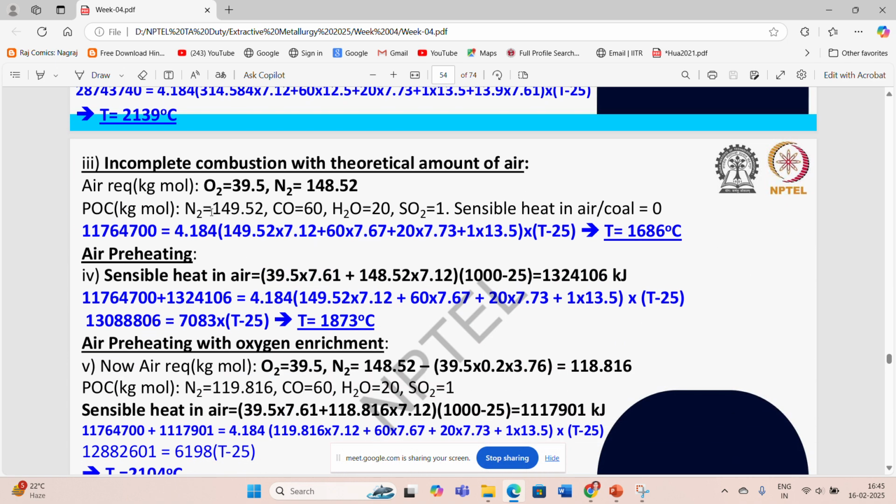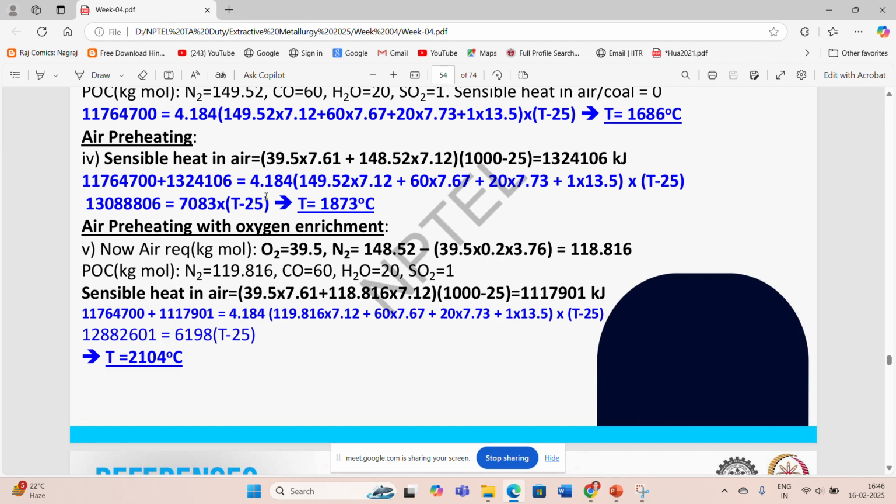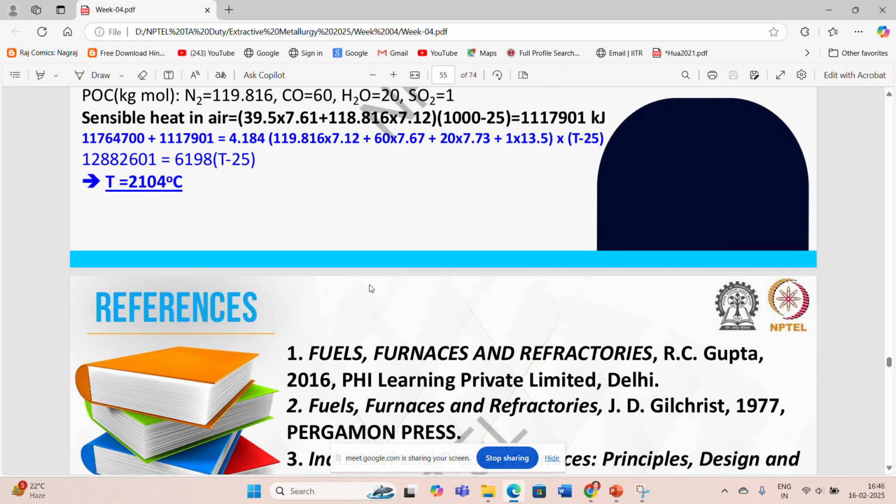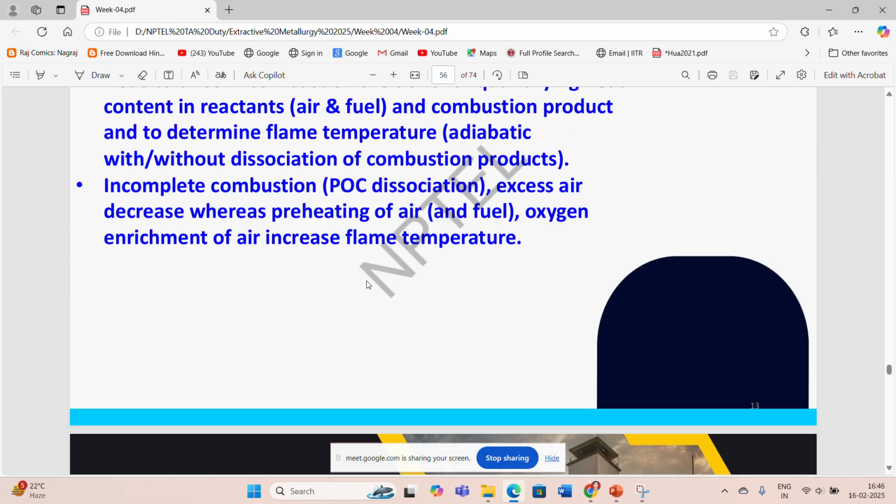Then if we are talking about incomplete combustion with the theoretical amount of air, in that case we will go with carbon monoxide instead of carbon dioxide. Based on that, we can calculate the adiabatic flame temperature, then air preheating with oxygen enrichment. Okay, we can easily calculate these things.